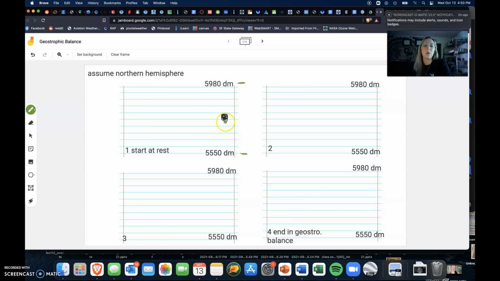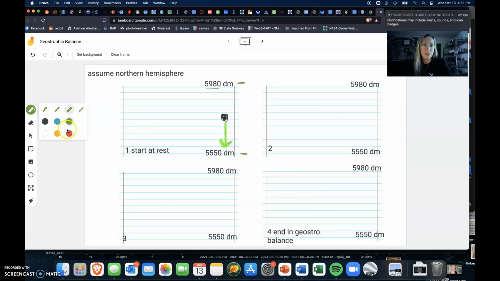Then we know that 5,980 is higher. Thus, my pressure gradient force arrow, my vector, is going to point from high to low. That is the rules here. Oh wow, it's bright green. So that's where my pressure gradient force is going to point.